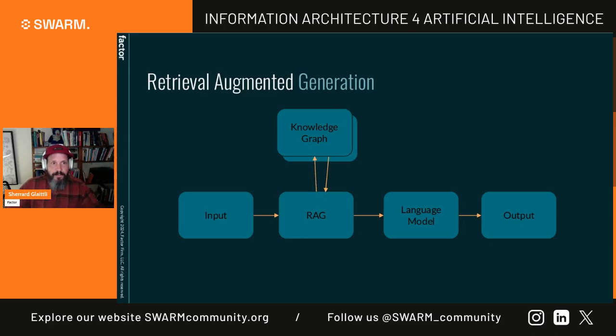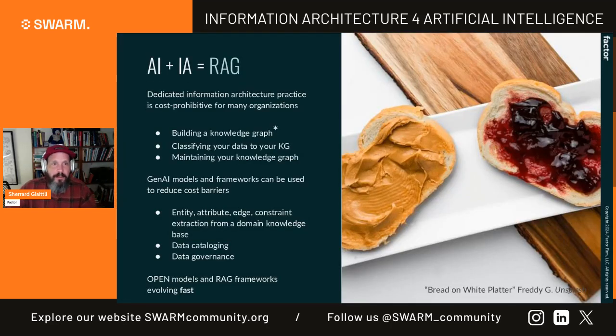It says, okay, take this input, compare it against this information in the knowledge graph to confirm, or use this knowledge graph as an authoritative source for your answer. It provides that to the language model, which comes out to the output. This is a very simplified diagram, but it gives you a sense of how RAG technologies work.